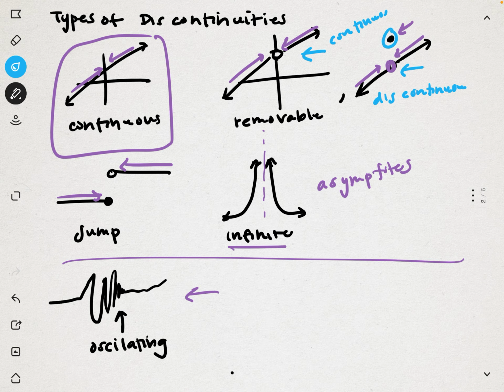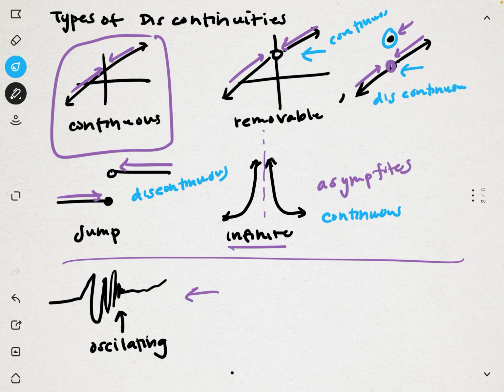Jump would always be discontinuous. And then usually when we have infinite discontinuities, this would be continuous as well, because those asymptotes are not part of the domain of the function.